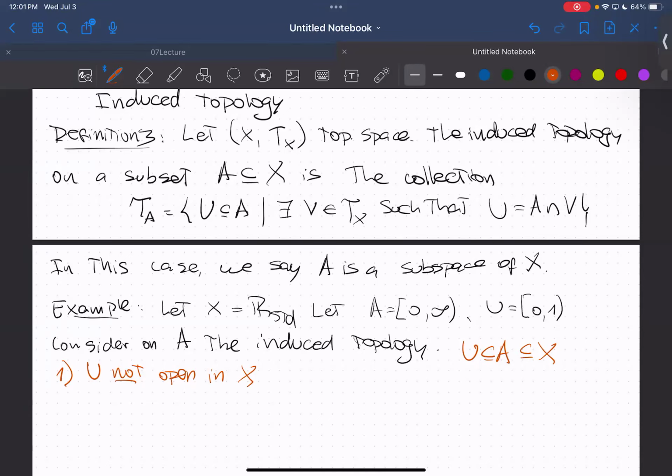Because 0 is in U, but if you take (negative epsilon, epsilon), that's never contained in U. So 0 is an element, but U is not a neighborhood of 0.